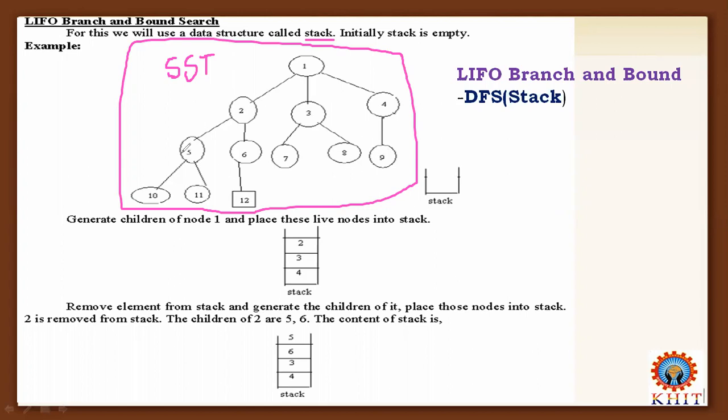Here I consider node 5, node 6 as E nodes because these two nodes are further expandable with children nodes. So now I need to arrange the nodes by using the last in first out method. Okay.